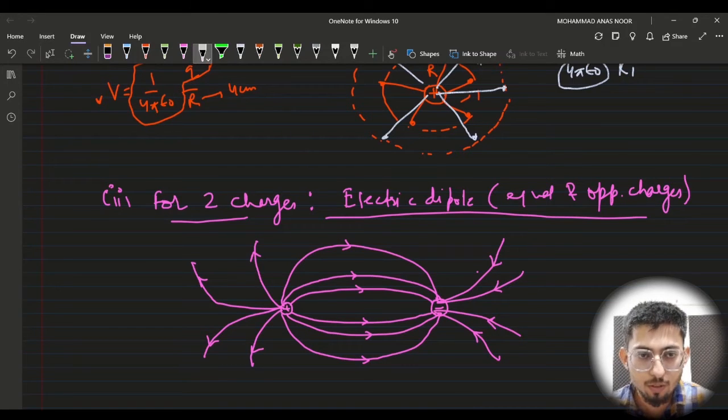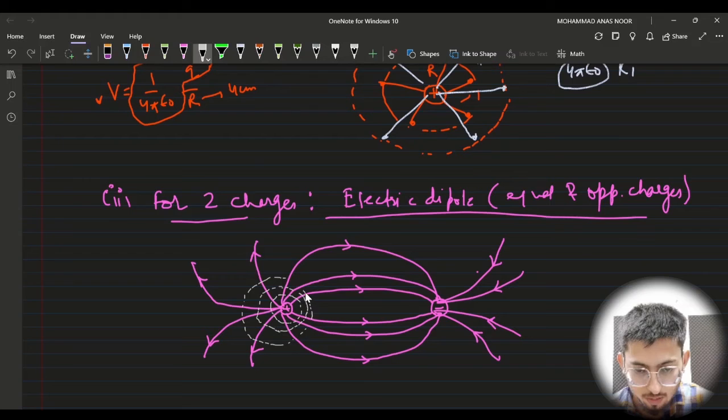Now you want to draw the equipotential surface for it. Let me draw it with a white pen. This is the equipotential surface of the dipole. This one, and the next would be like this, and you can draw as many as you can. Third one.